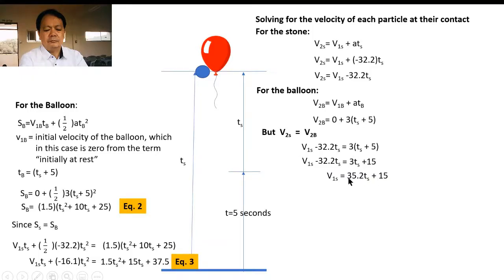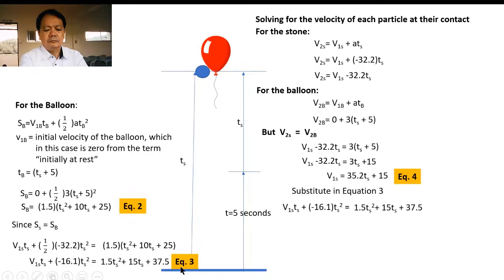Now, this V sub 1S, let us call it equation 4, is substituted in equation 3. Therefore, our equation will be V sub 1S times T sub S plus negative 16.1 Ts squared shall be equal to 1.5 Ts squared plus 15 Ts plus 37.5.